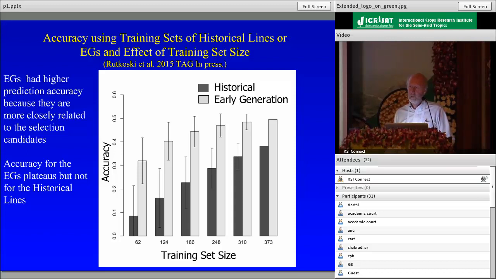Another thing you can notice in this figure is that as the training population size increases, the prediction accuracy of both the early generation population and the historical population goes up. But whereas the historical population does not level off, you can see that the early generation population is already starting to level off. So this is characteristic of a situation where you have more close relationship, and with a smaller population size, you can get a better accuracy.